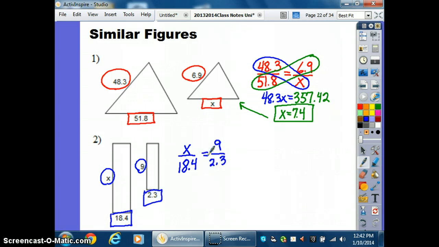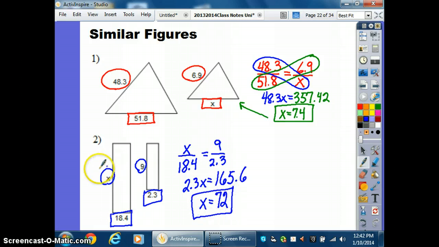I'm doing these symbols because on your class work I start to rotate them, and you have to figure out what corresponds to which side. So if we do our cross products, we'll get 2.3x, and then 9 times 18.4 is 165.6, and if I divide both sides by 2.3, I think I get the answer 72. So this x is 72.